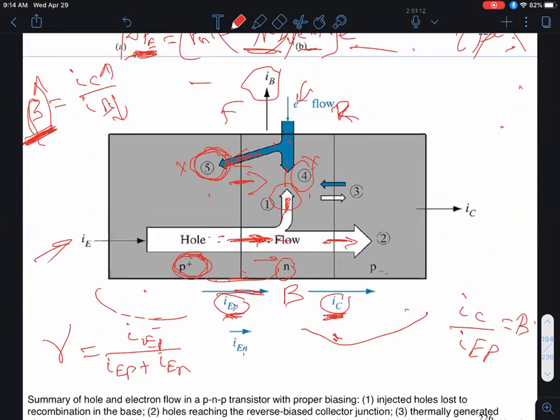In the sense, what I mean by that is, here I'm injecting emitter current, and a fraction of that current is lost via recombination, and then there's a tiny amount of backflow of the current, okay, and that's my base current, right? And IE and IC are very large numbers, say, and IB, which is the difference of IE minus IC, should be a tiny number, obviously, right, by KCL, okay?